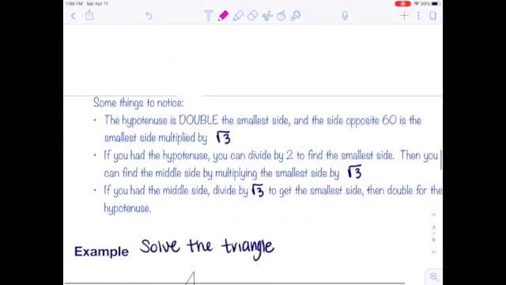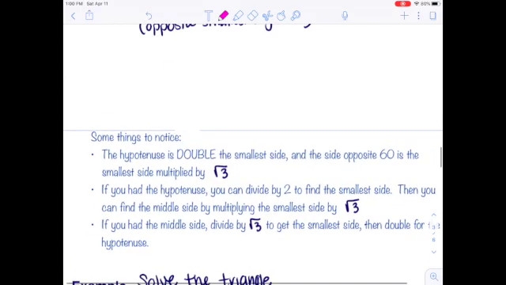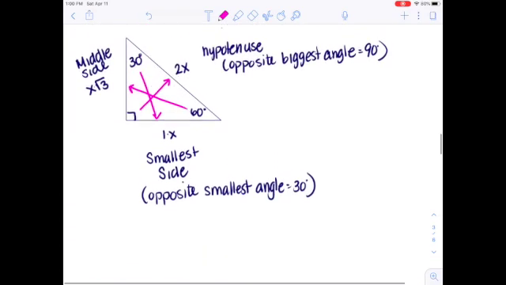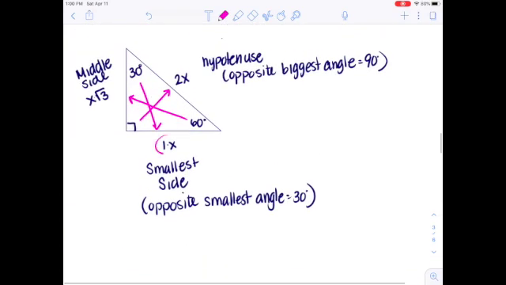A few things you want to notice as you go through this: the smallest side is half the hypotenuse. Or on the flip side, your hypotenuse is double your smallest side.